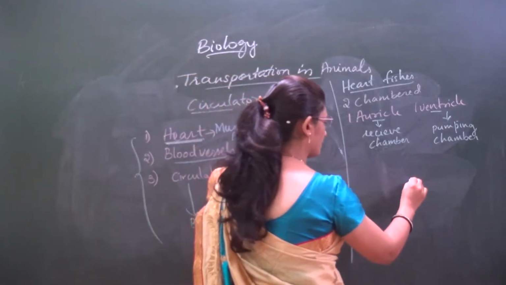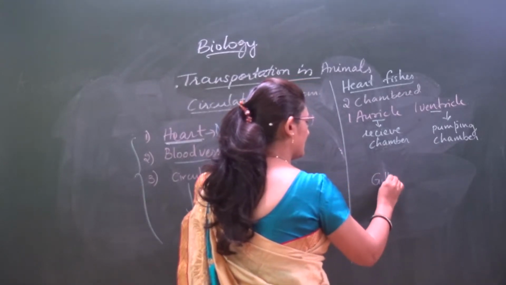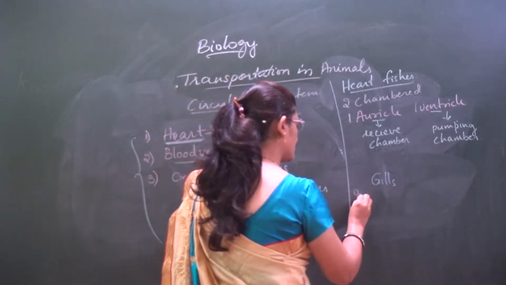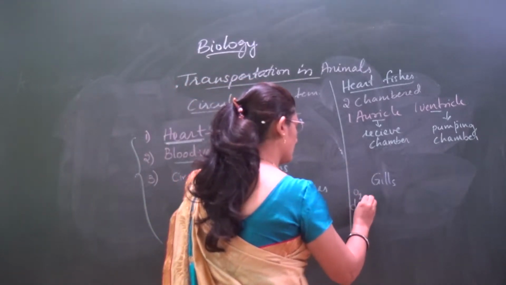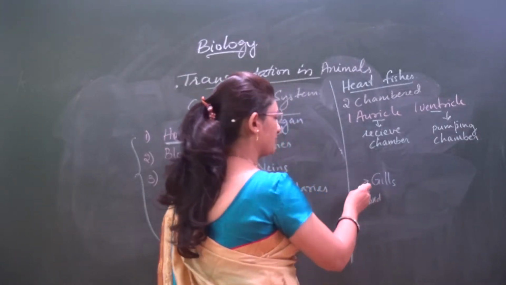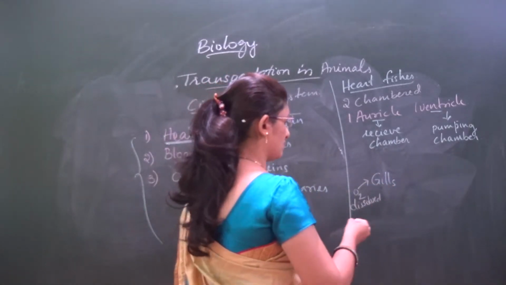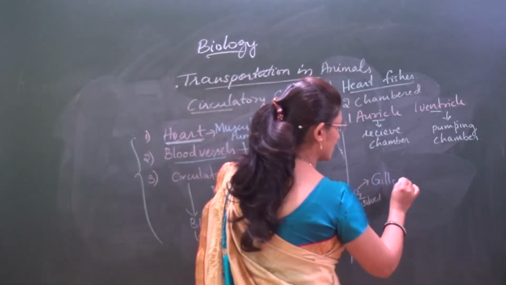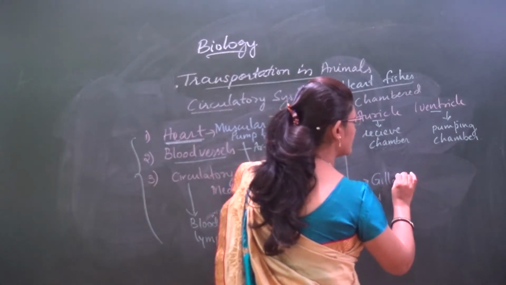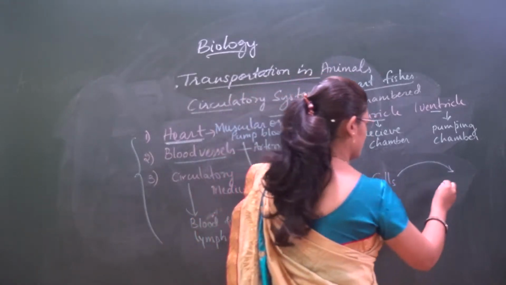See here, the fishes are taking up the dissolved oxygen, isn't it? Oxygen is in the dissolved form. So oxygen from the water enters into the gills. Gills are the respiratory organs in the fishes.